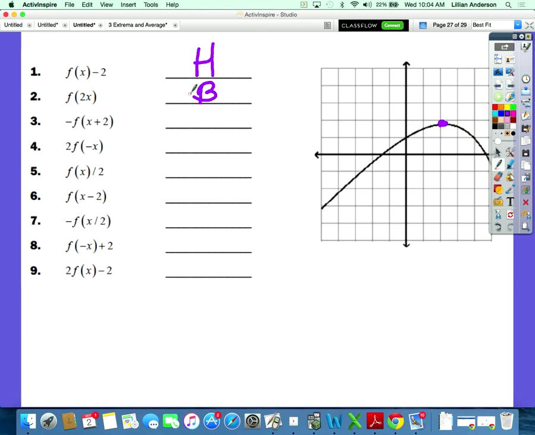Over the x-axis, because I have to make my y's negative. So now this thing is going to point up, and then on top of that, I'm moving 2 to the left. So this point is now going to be down here, and I have to move to the left 2 units. So I'm looking for an upside down parabola-looking thing where that little peak is at 0, 2, which is 0, negative 2, which is what? G.